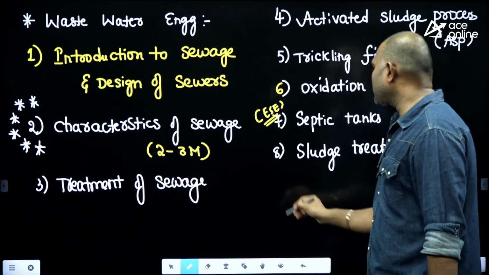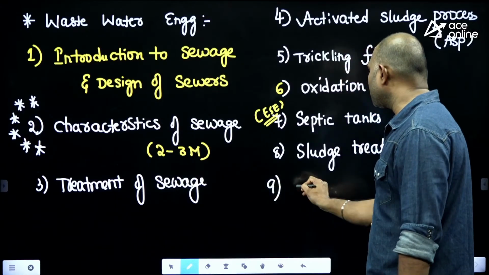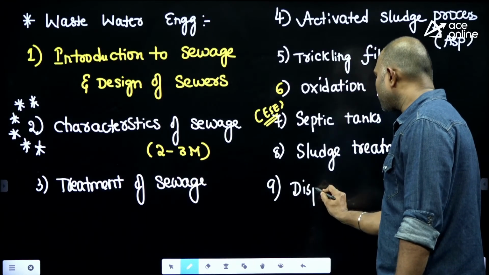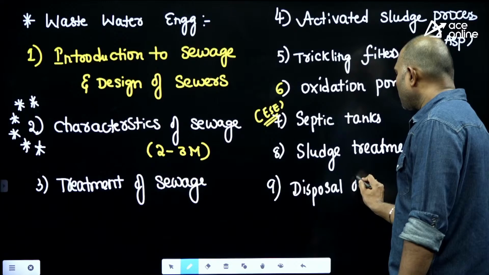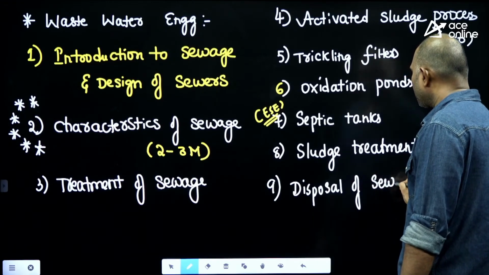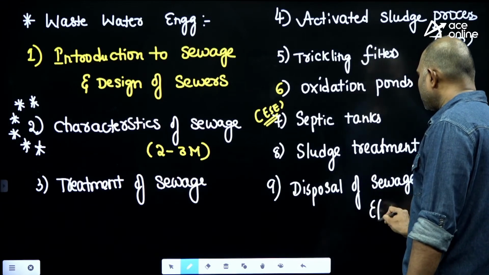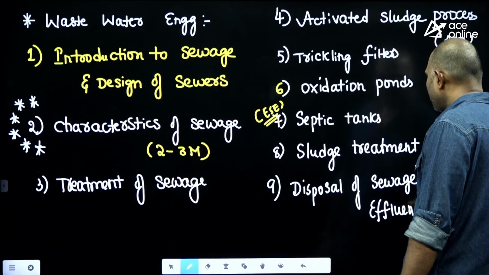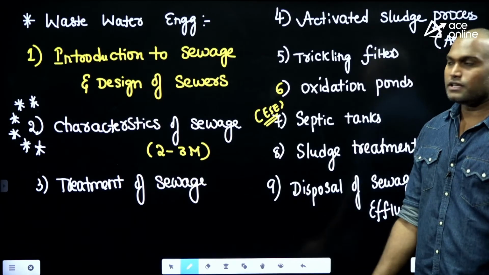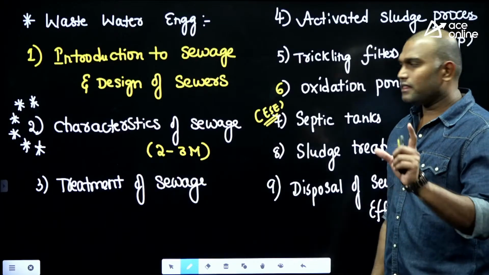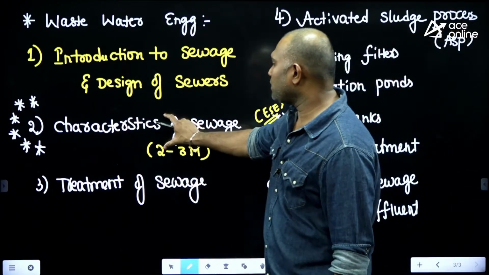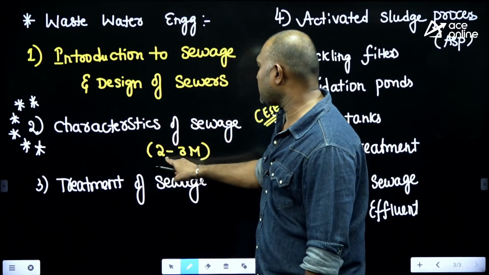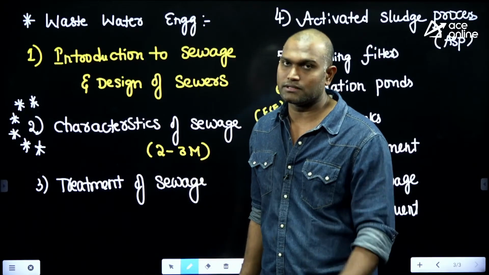So once we are done with the sludge treatment, then we are going to disposal of sewage effluent. Again, the major amount of the questions in the wastewater engineering will be from characteristics of sewage, 2 to 3 marks.